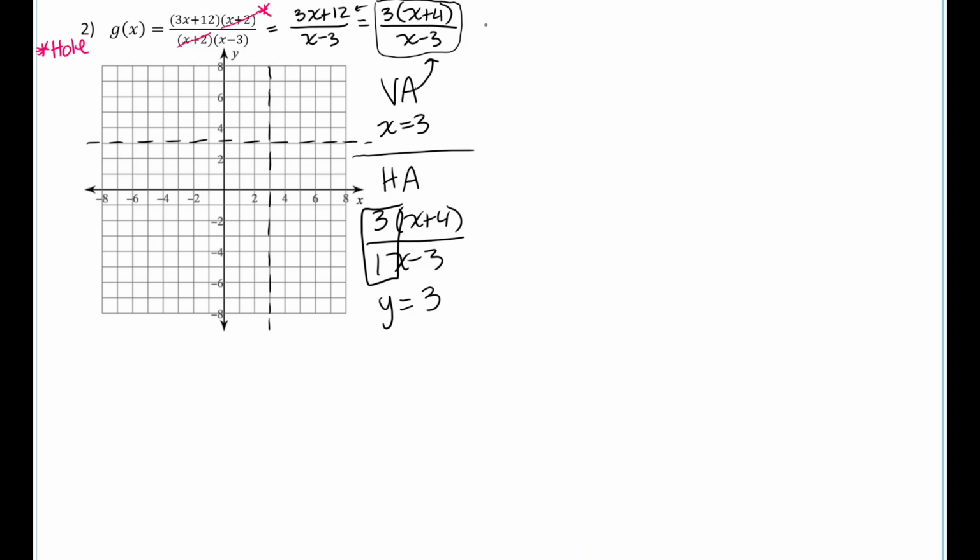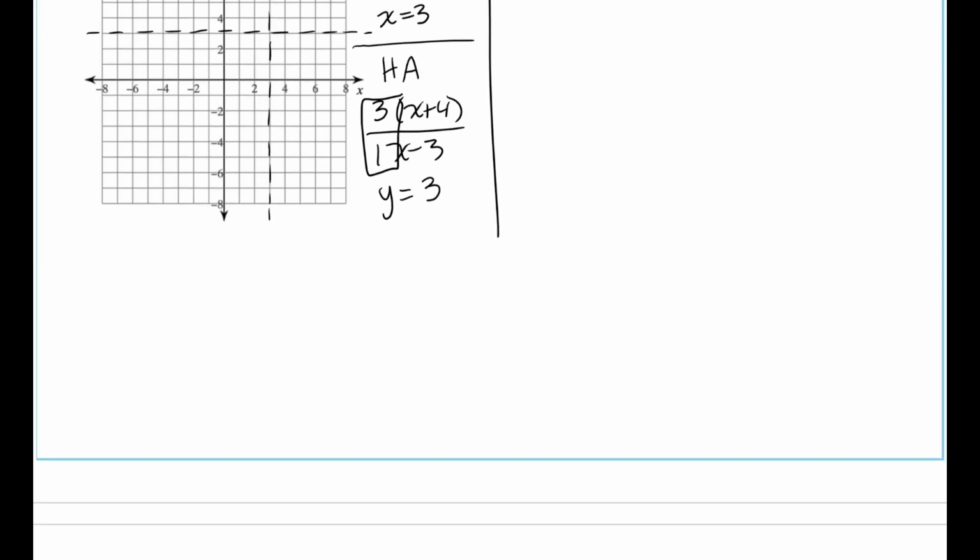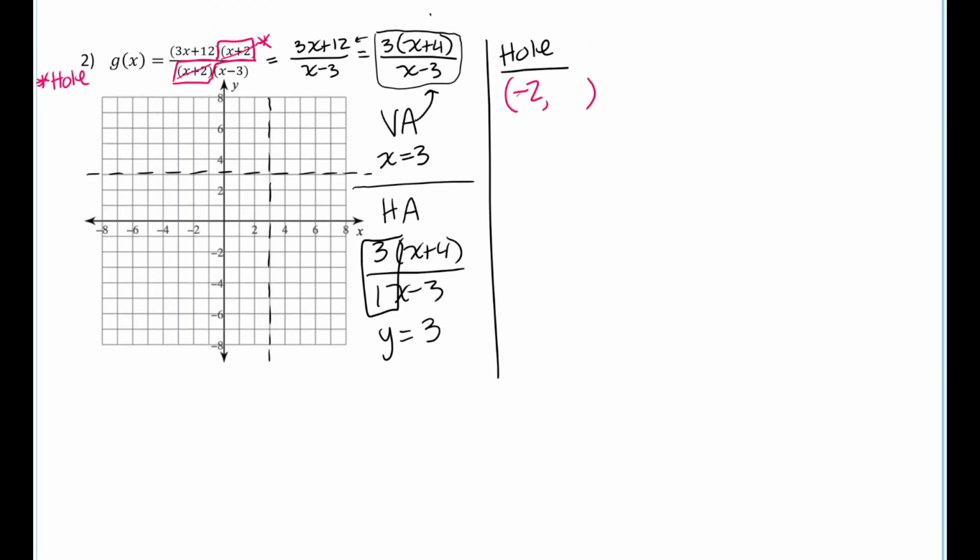All right, let's go ahead and find the hole. We already know the x value of the hole. It shows up in our canceled out terms. -2 would make that equal 0. To find the y value, we're going to plug it into our reduced function. So I've got 3 times x plus 4 over x minus 3. I'll plop in the -2.